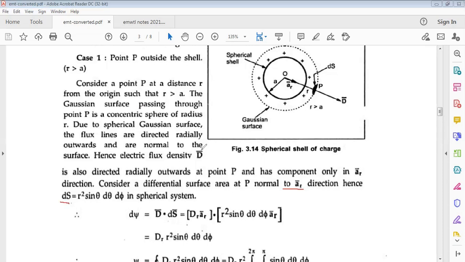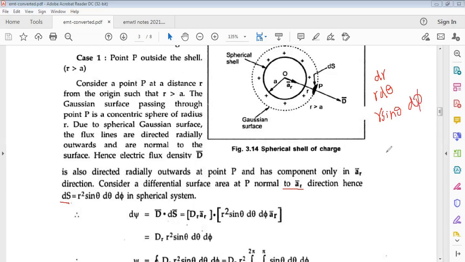Hence, the differential surface area normal to the a_r direction. This is a spherical shell, meaning the spherical coordinate system. In the spherical coordinate system, dr, r d theta, and r sine theta d phi are the differential elements.